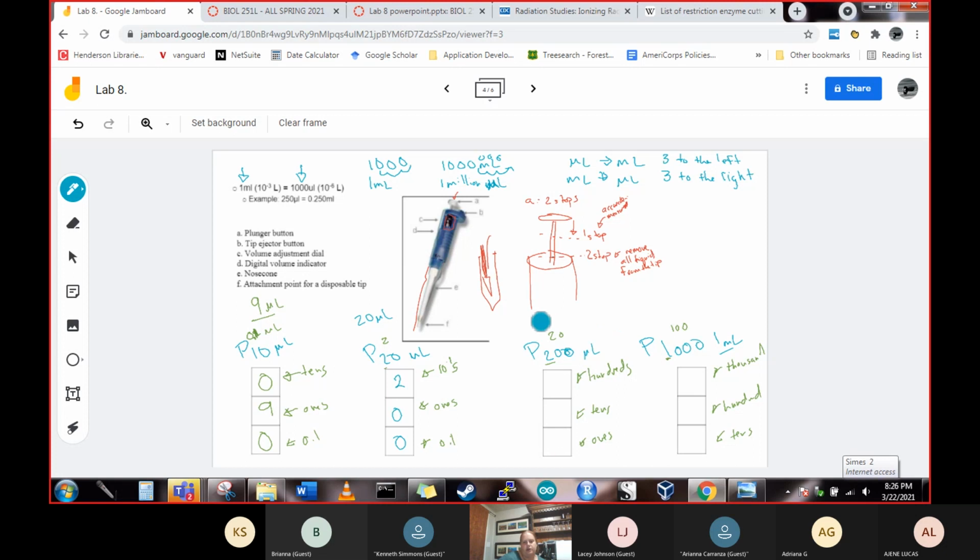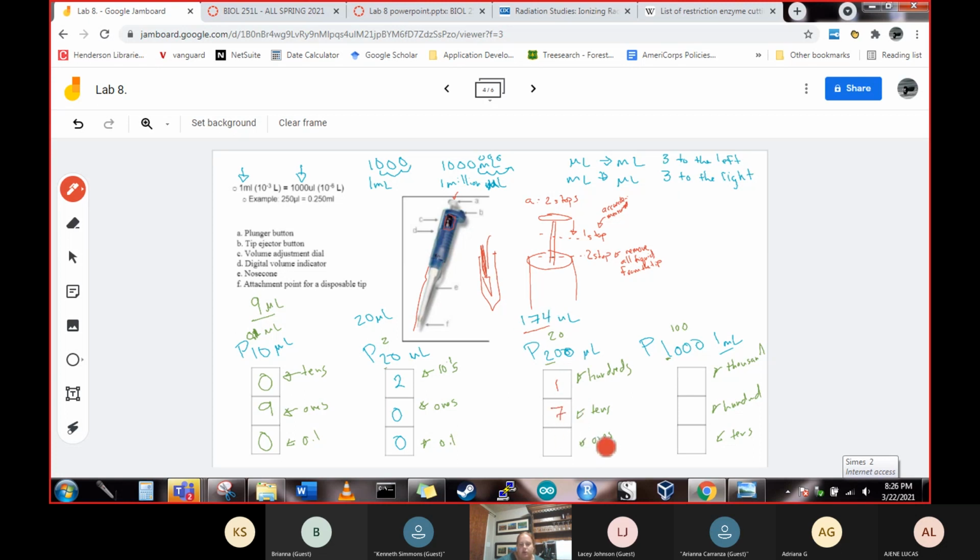Let's go over to the P200. What if we wanted to measure 174 microliters on our P200? What would that look like? So 174, how many hundreds would we have? We would have 1. How many tens? 7.